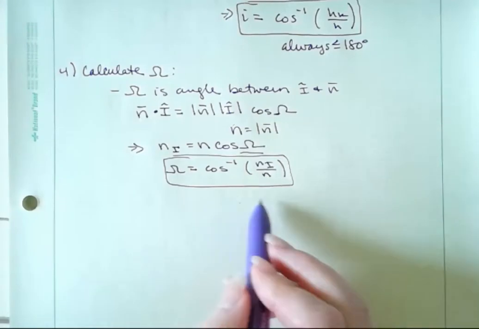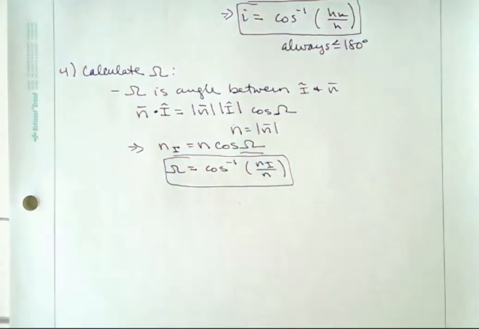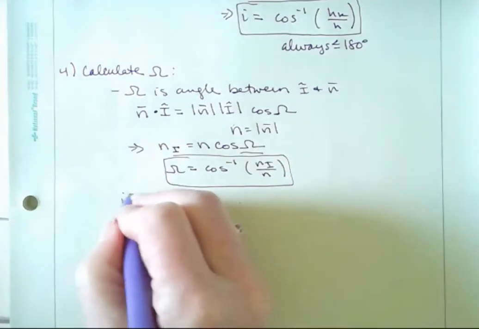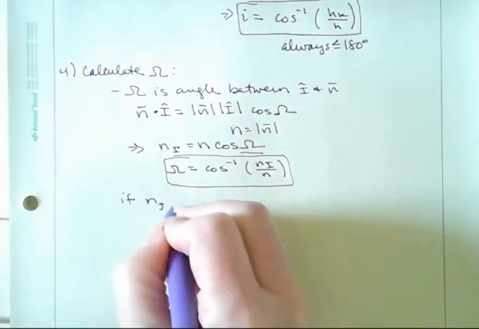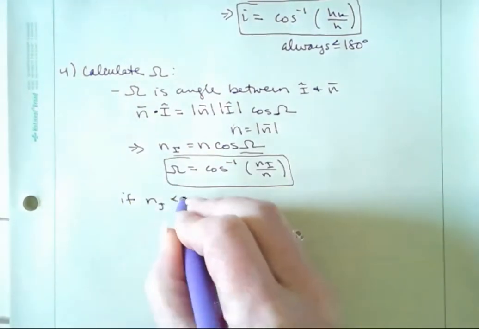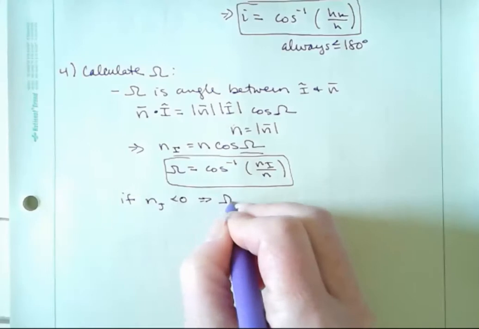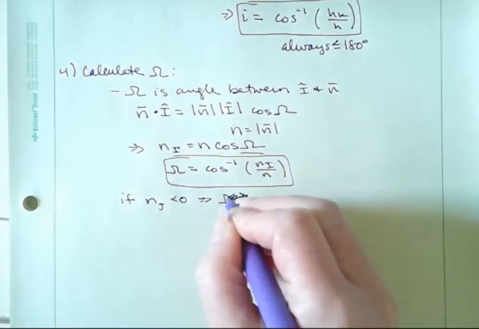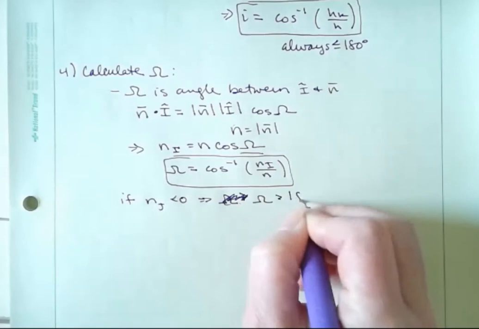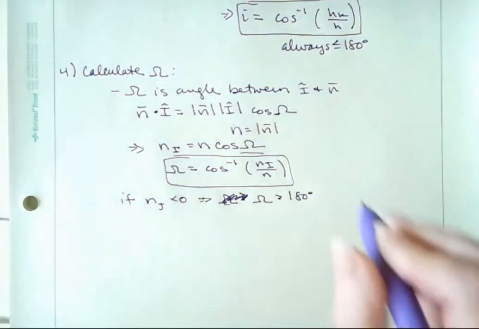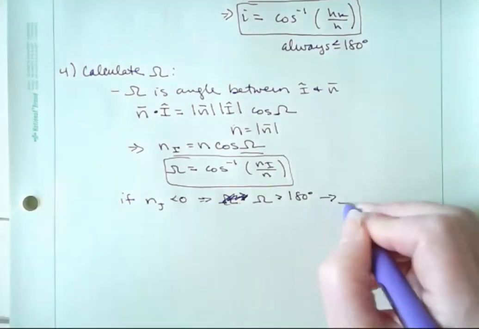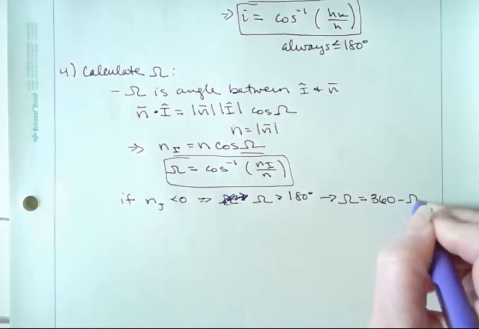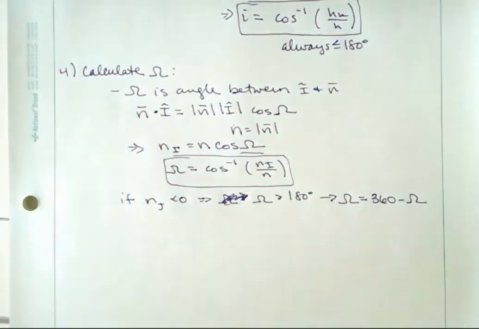So that's your equation there. Now this one you're going to have to check for the quadrant, essentially. If n sub j is less than 0, then that means our capital omega is going to be greater than 180 degrees. So that means you need to do 360 minus capital omega to get your final value.